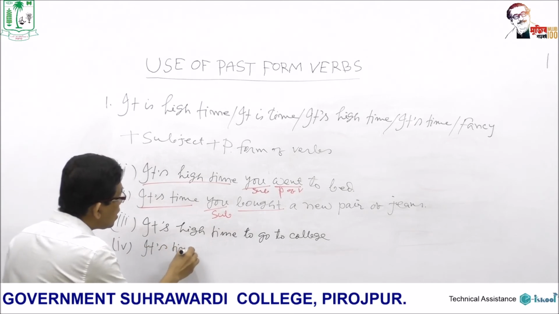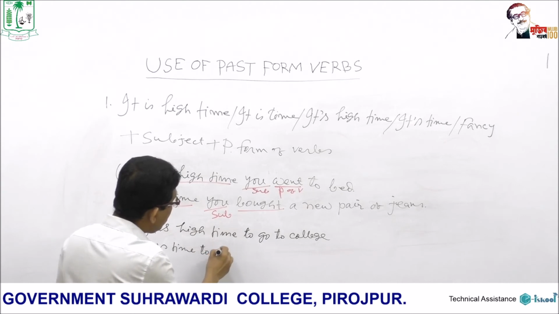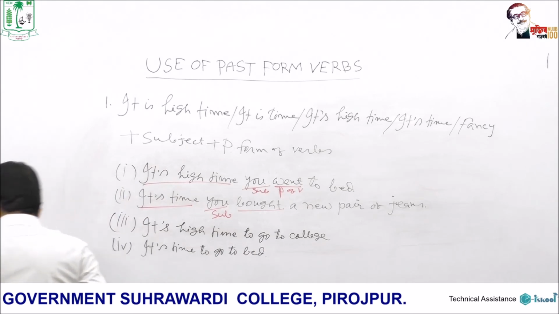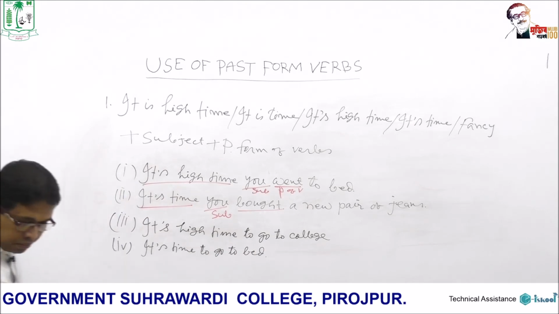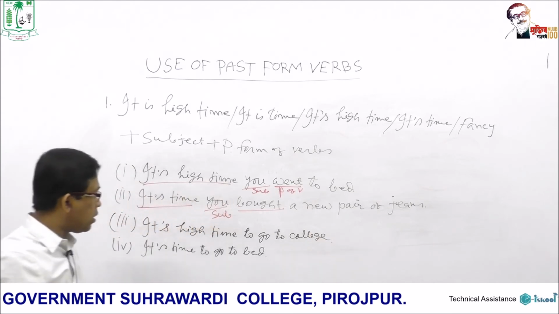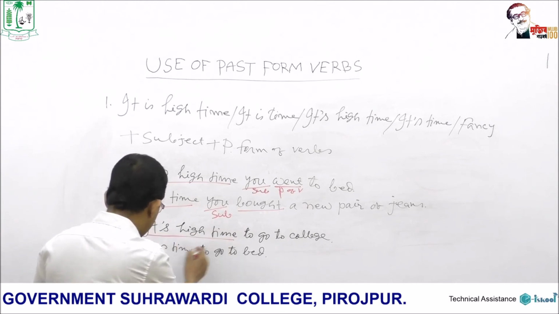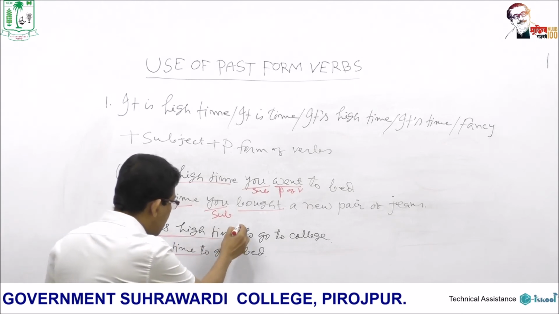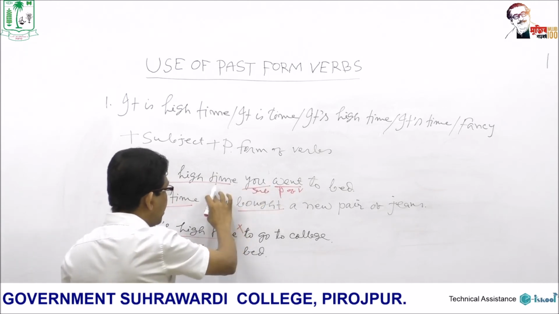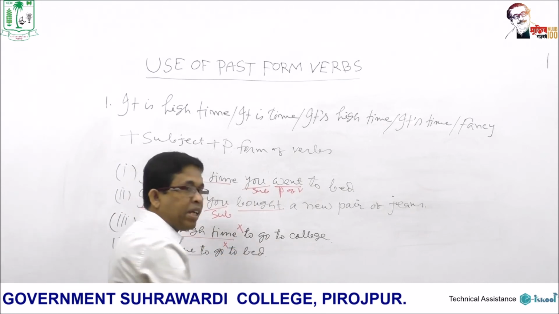It's time to go to bed. Here another rule arrives. I have used here to go. Here it's high time and it's time, and there is no subject here, as we got this you before, but here there is no subject. It's high time, and then the main verb arrives.